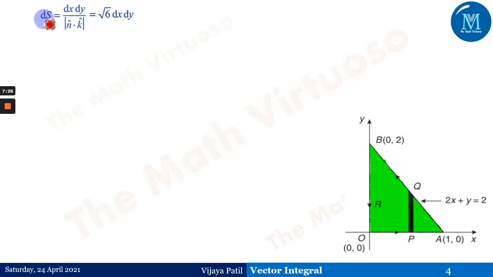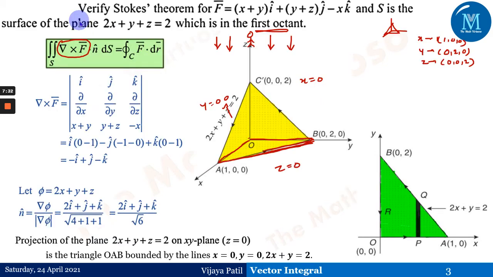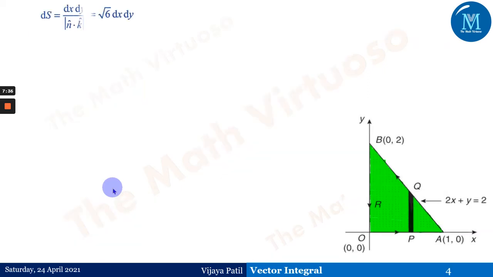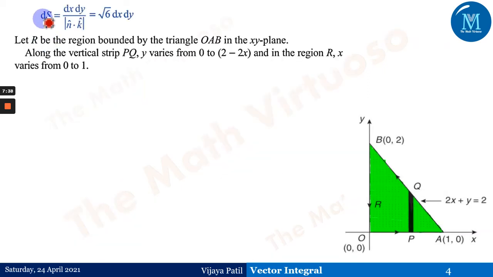We just need to calculate dx dy upon mod of n cap dot k cap, and therefore we have got the value of ds as square root of 6 dx dy. I have already explained this here.